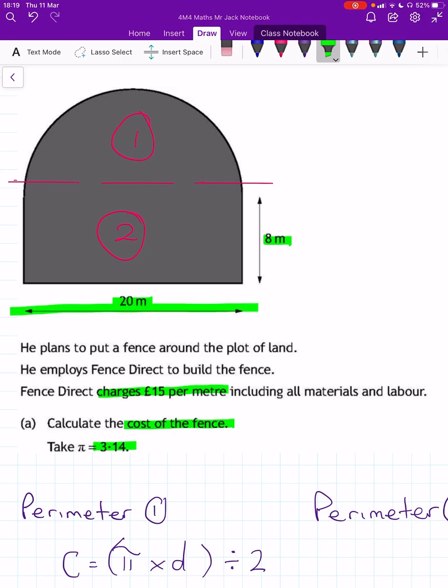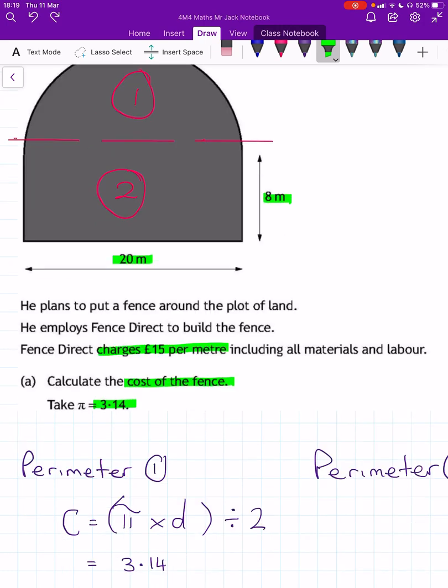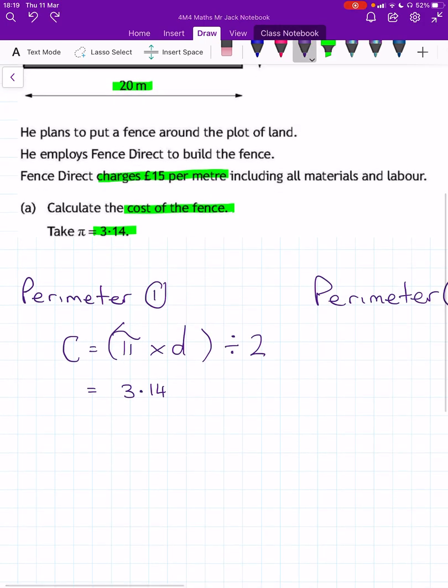That's the full diameter of the circle, so half of that is just 10, which is great news for that multiplication because it makes it nice and easy. So 3.14 times 10 is 31.4, and then 31.4 divided by 2 is going to give you 15.7.